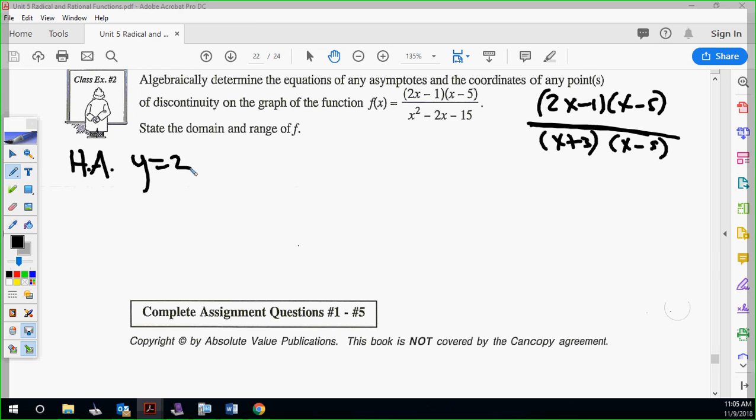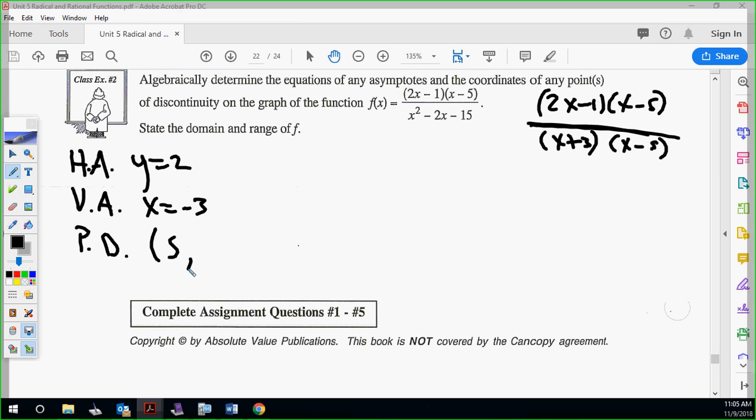Okay? Vertical asymptote. So what's the vertical asymptote? There's only one. -3. Because this one doesn't cancel. Okay, and your point of discontinuity, let's just call it PD, I guess. Point of discontinuity is going to be at 5.